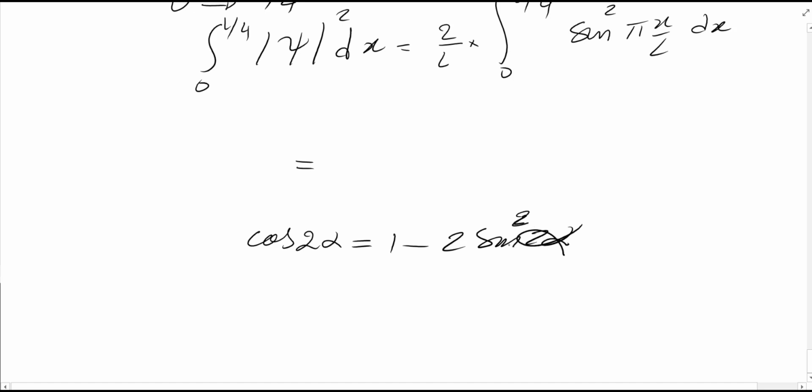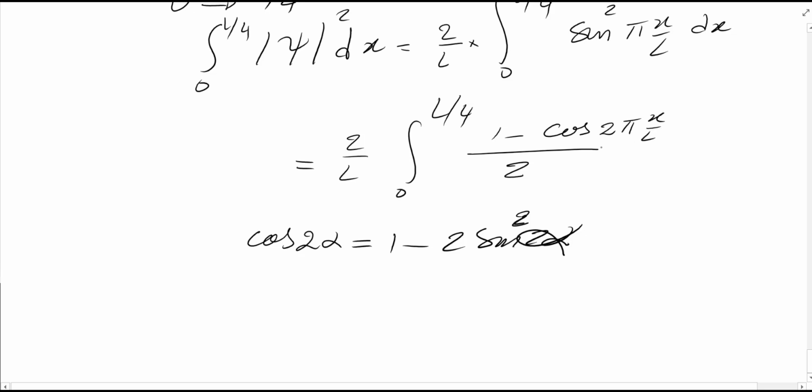So sine squared by itself is just 1 minus cosine, divided by 2. So this is basically 2 over L, the integral from 0 to L over 4 of 1 over 2 times 1 minus cosine of 2 pi x over L dx. That is basically what this whole thing means.